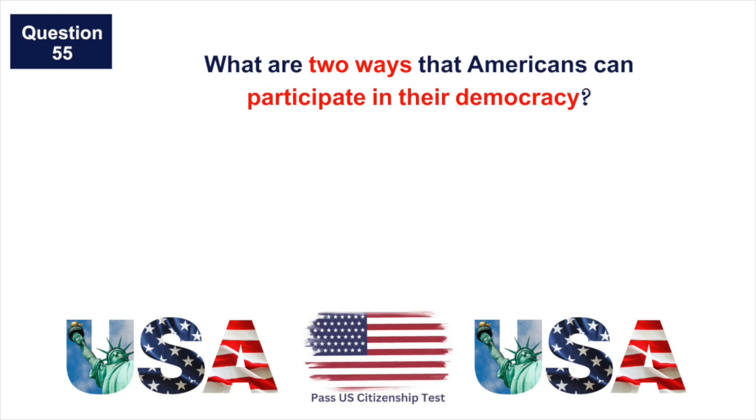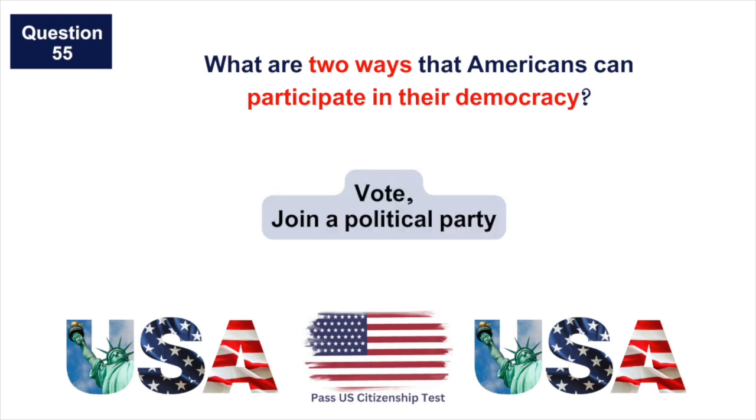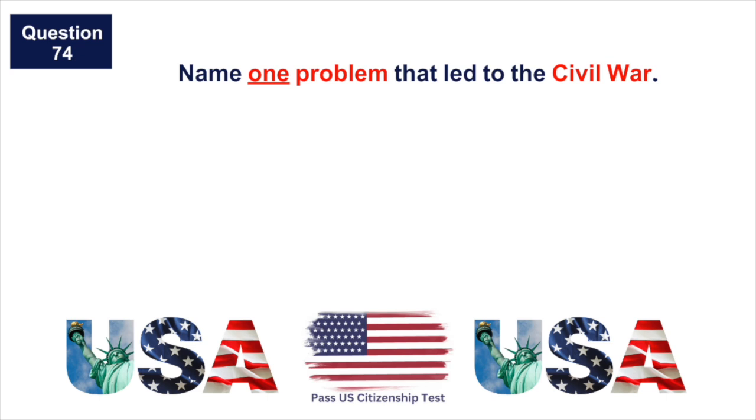What are 2 ways that Americans can participate in their democracy? Vote. Join a political party. Name one problem that led to the Civil War.